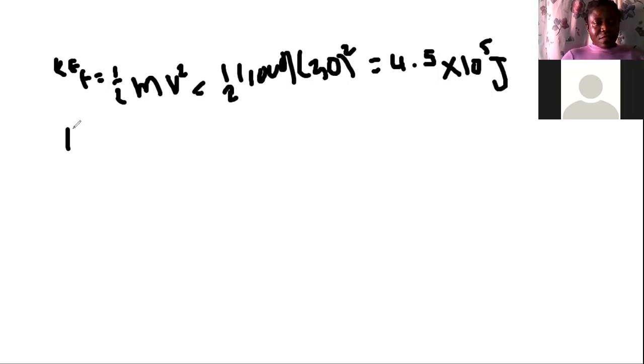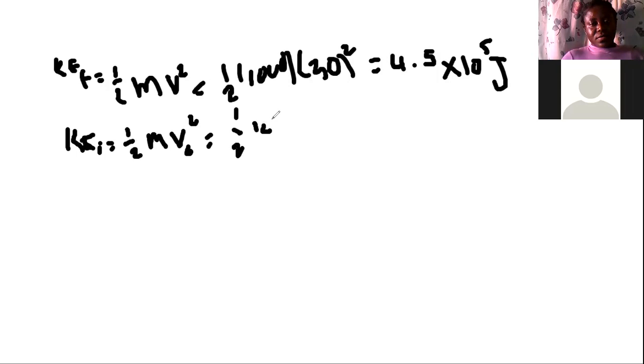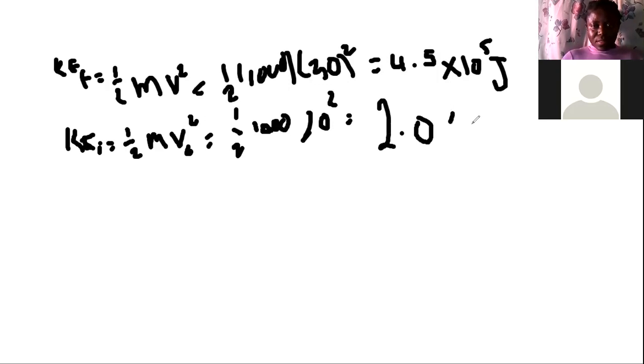And the initial kinetic energy is equal to half times the mass times the initial speed squared, half times 1000 times 20 squared, which gives us 2.0 times 10 power 5 joules.